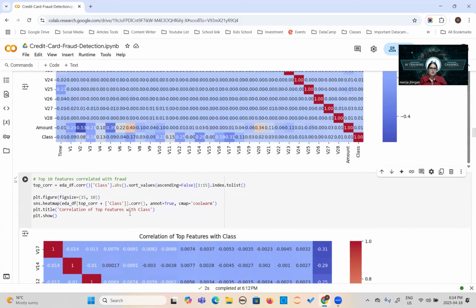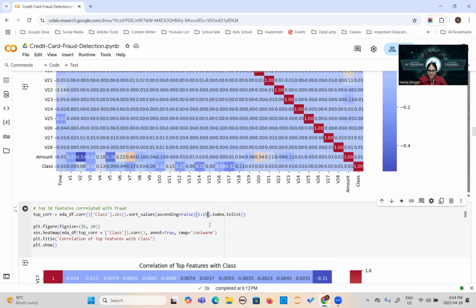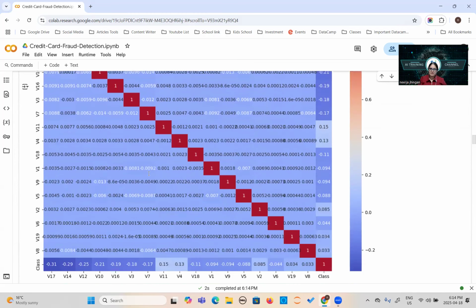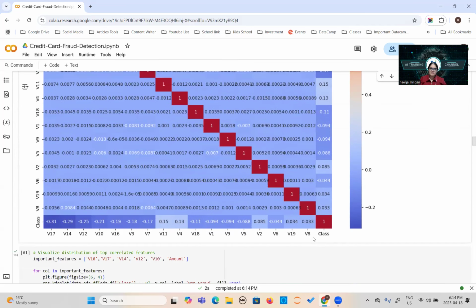If you want to increase more, you can also increase more, let's say 18. I'm just showing you the different cases. If you want, you can pick according to your requirement. Now it is increasing. It will pick up the now most important V19 here, V8 here, and it is sorting based on the relationship with your target one.